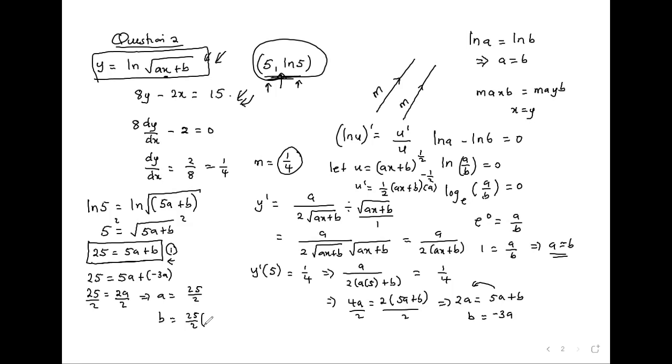So b, since we have the value of a, we just substitute here. We get b as negative 3 times a, giving us negative 75 over 2 as the value of b.